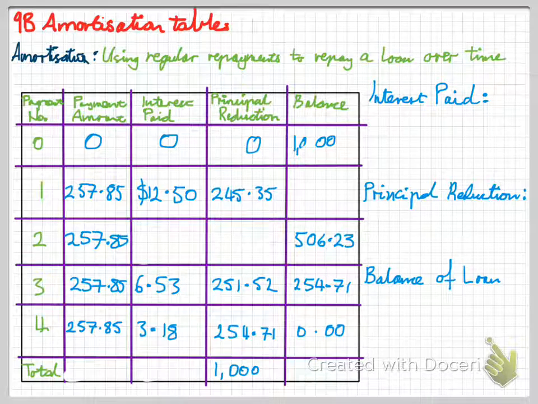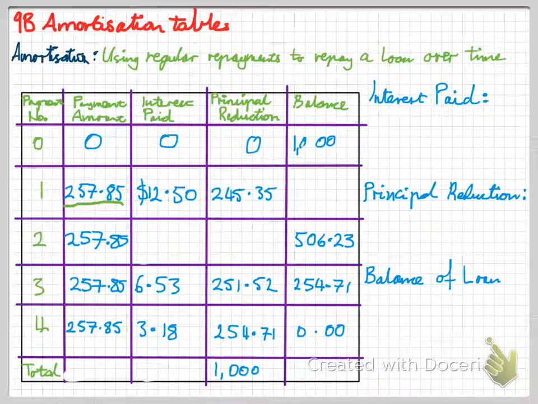With that, work out the particular parts of it. All right, so you'll see initially our initial balance is $1,000. That's how much we've got to pay. We're paying $257.85 each payment. So the first thing we can look at is how much interest is paid.